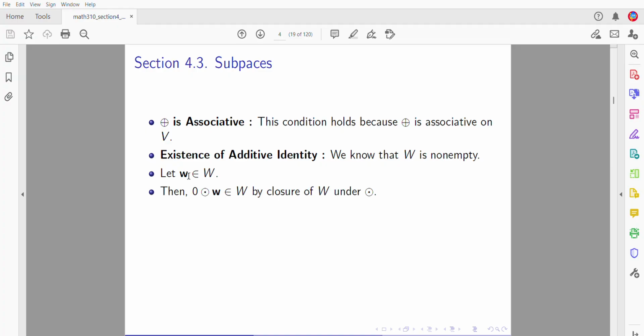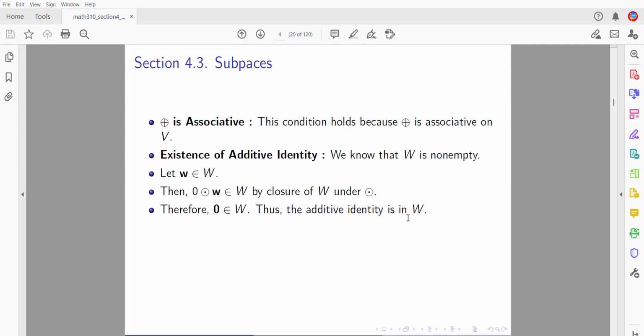Then the real number 0, 0 ⊙ w has to be in W. Why? Because W is closed under scalar multiplication. But 0 ⊙ any vector is the 0 vector. This is something we proved in our previous section. Therefore, the 0 vector has to be in W. That is, the additive identity of V lives in W.